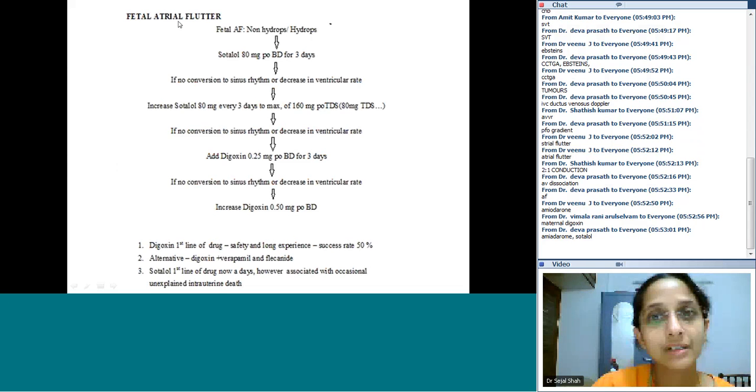Sotalol is the first drug of choice. In general, digoxin is considered to be safe with a success rate of 50%, but for flutter, sotalol is considered to be the first line of medication. And then after 3 days, if there is no change in the ventricular rate, then the dose is increased and then digoxin is added as the combination treatment.